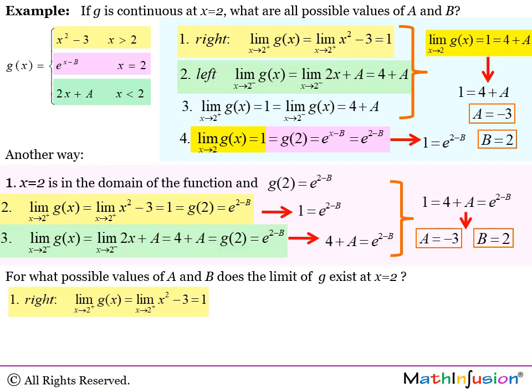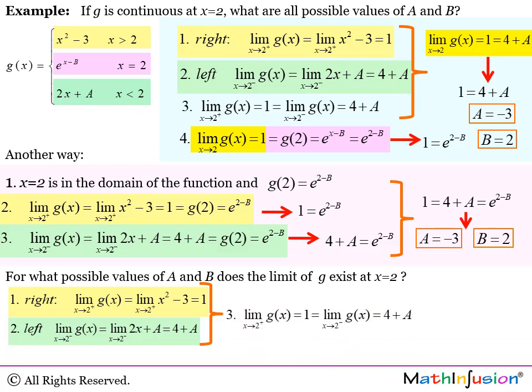So we will repeat. The right limit is 1. The left limit is 4 plus a. For a limit, those two have to be the same. So I get that 1 equals 4 plus a.